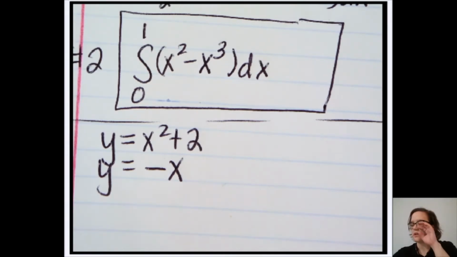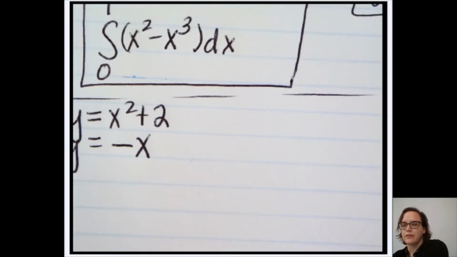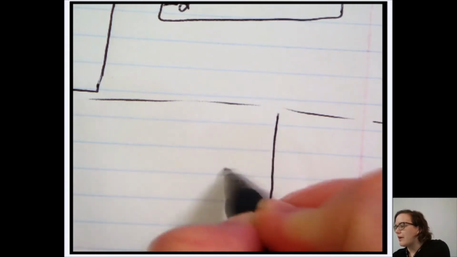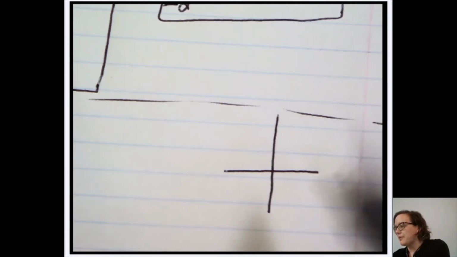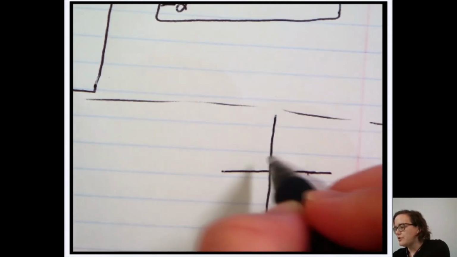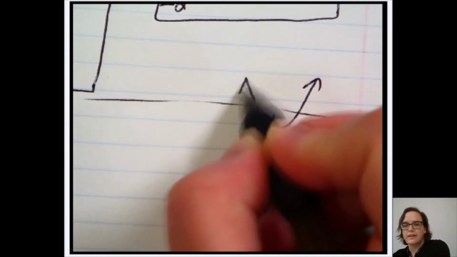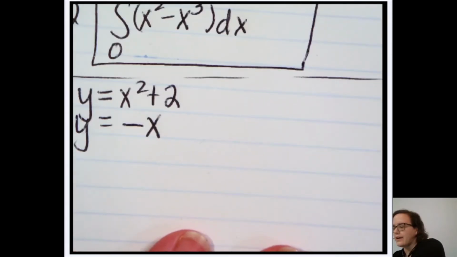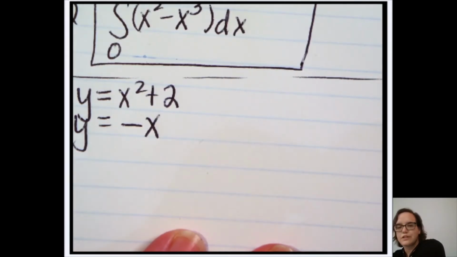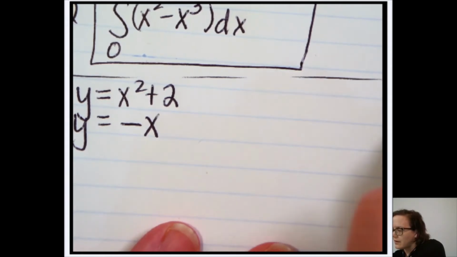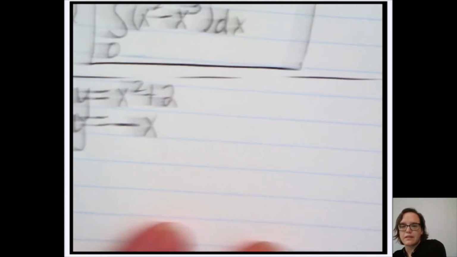And this one we could probably graph without Desmos if we thought about it. x squared plus 2 is just our parabola that's been moved up 2, so it's doing something like that. And then the negative x is a line that passes through the origin with a slope of -1. So it's doing something like that.